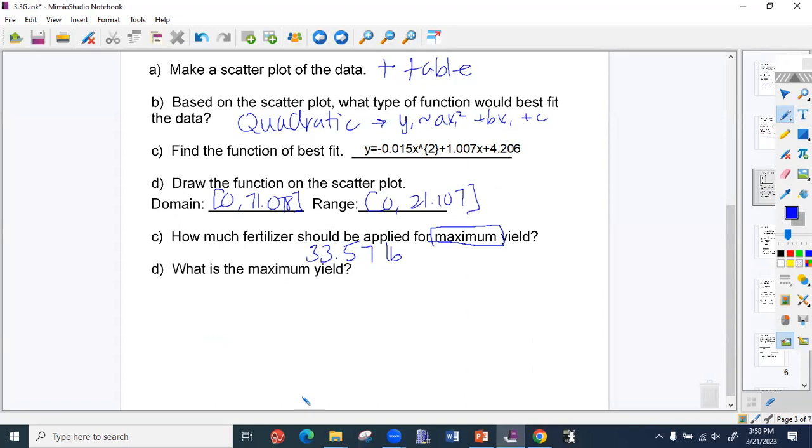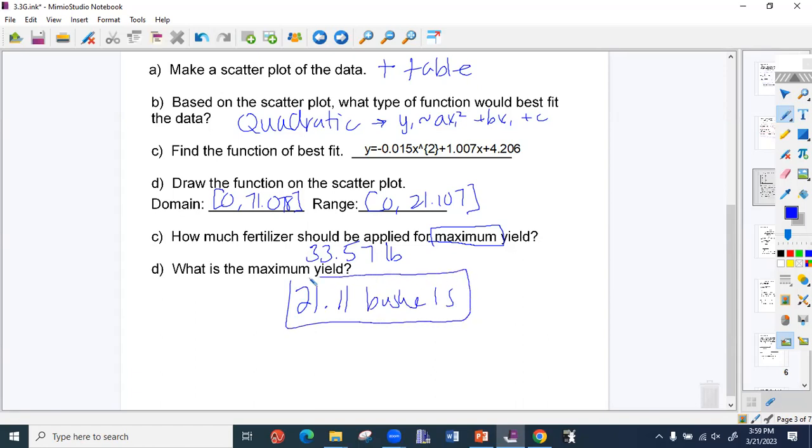Well, we wrote it. We typed it in underneath our regression model. Yeah, we did. Okay. Hold on. So our maximum yield, from there, we'll yield about 21 and 11 hundredths bushels.